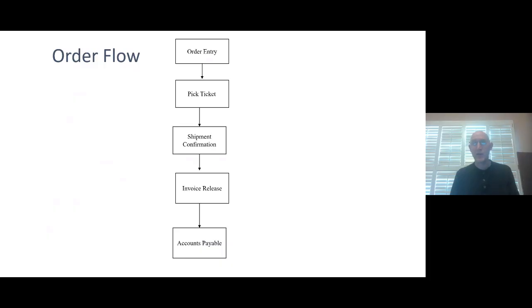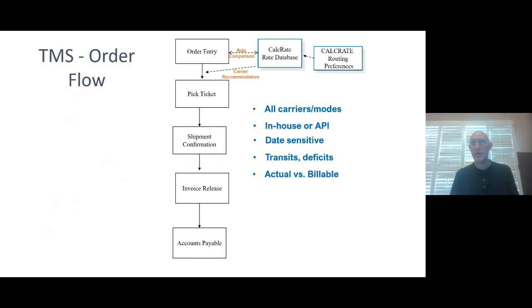But I'm going to tie in the main functions of your order flow with the main functions of a TMS. In this case, a rate engine complete with all your carrier's freight rates: Parcel, LTL, full truckload, domestic, international, outbound, inbound, and a whole bunch of information regarding the characteristics of the carriers for you as a shipper or a receiver.